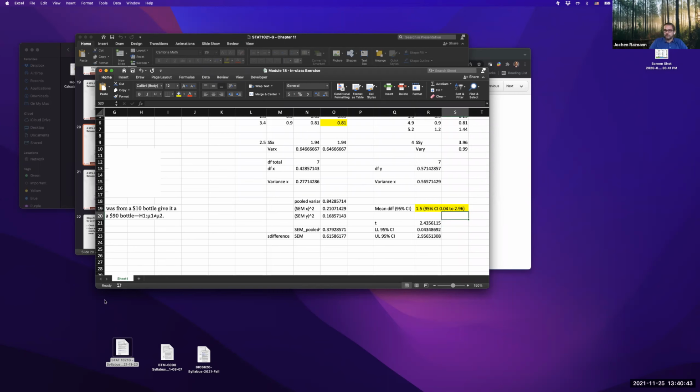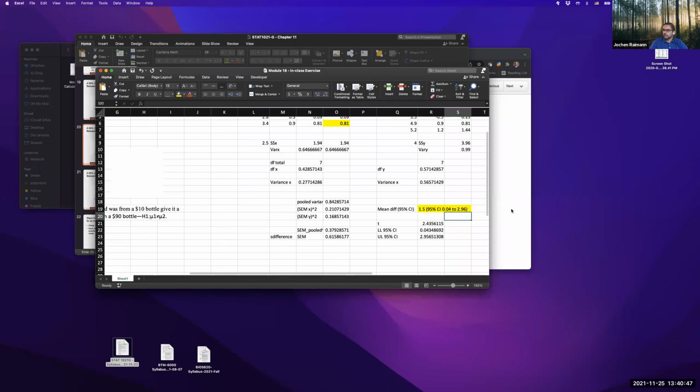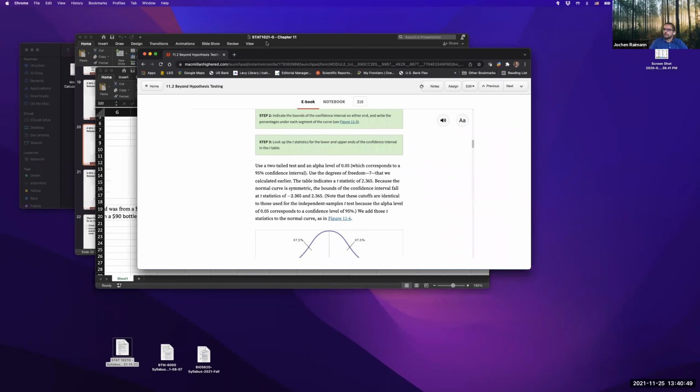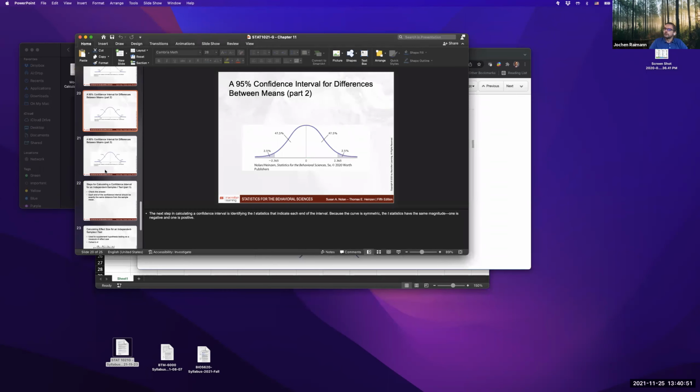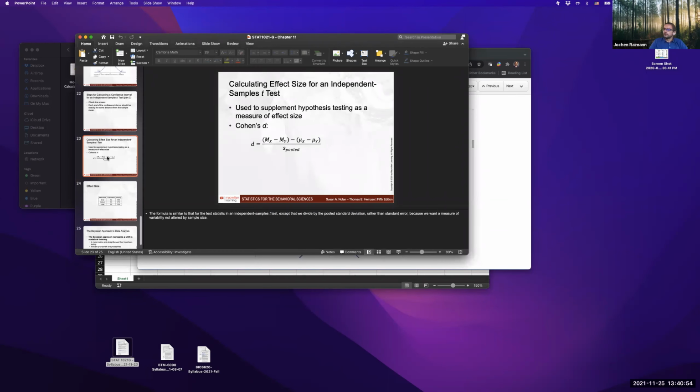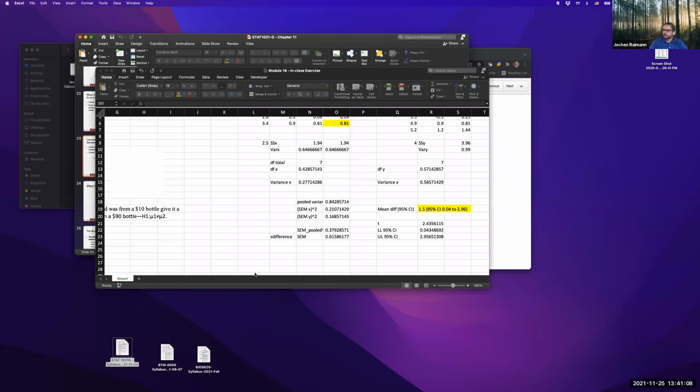Good, and then last but not least, we have now the effect size. And not this, we wanna go here. So here, that's the effect size, that's our D. So here we're doing now mx minus my, the same formula as the standard, but this time we're gonna take the full standard deviation.